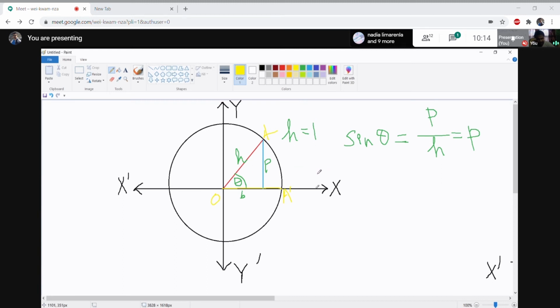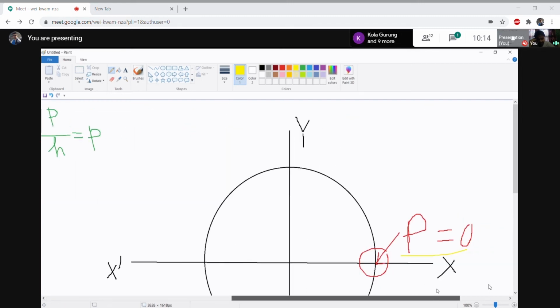If this line and the x-axis are the same, there was no perpendicular. Understood? That means at that point the perpendicular was 0. Okay, what is the value of B? Look, base, I told you this is base, so the base value was 1.